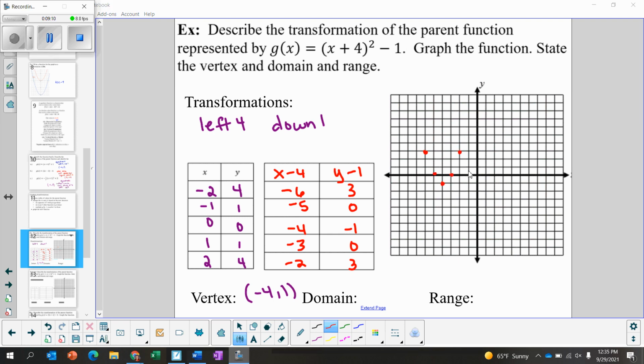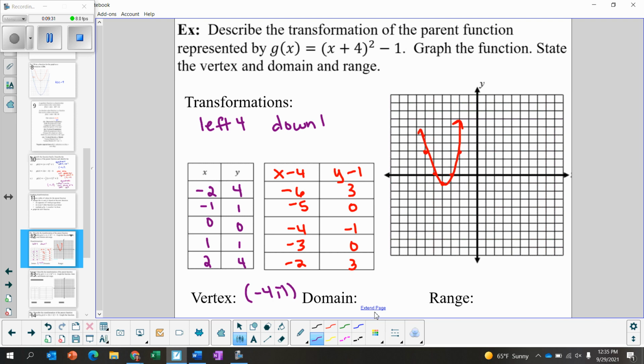All right, so now I've plotted all these points, which means I can connect them into a U shape because it's a quadratic. And if I look here, my vertex, -4, oops, down 1, should have been -1, I missed that before. -4, -1, and that is correct, so that's a good thing I checked that.